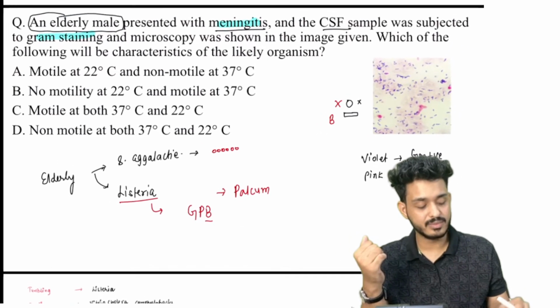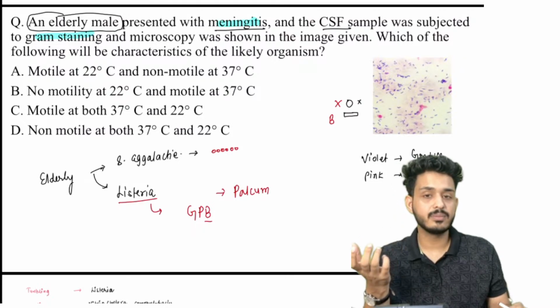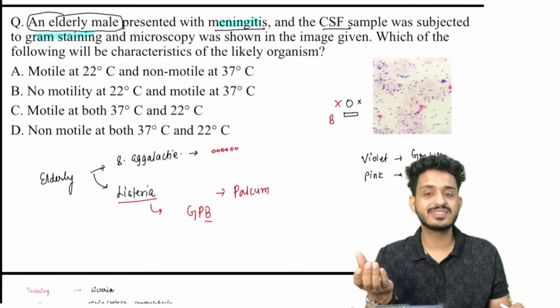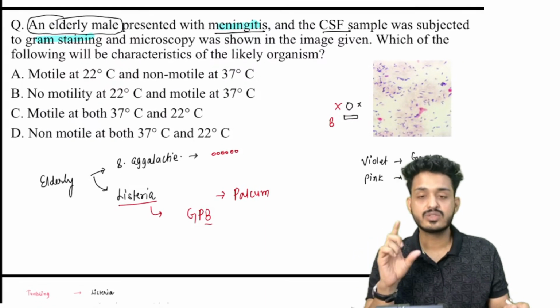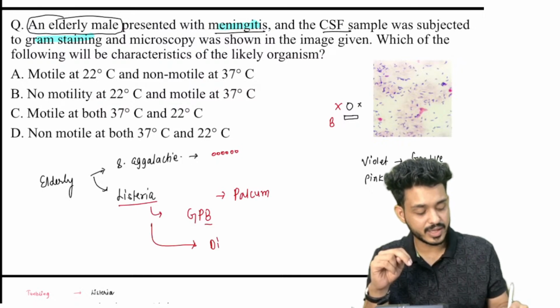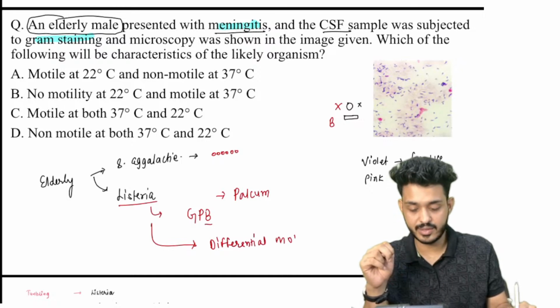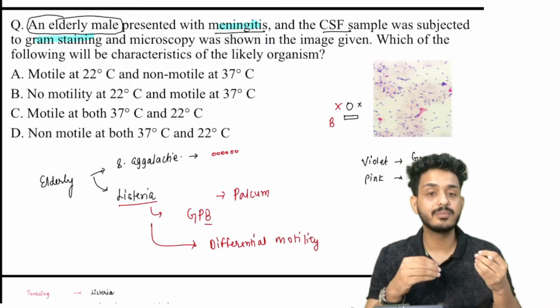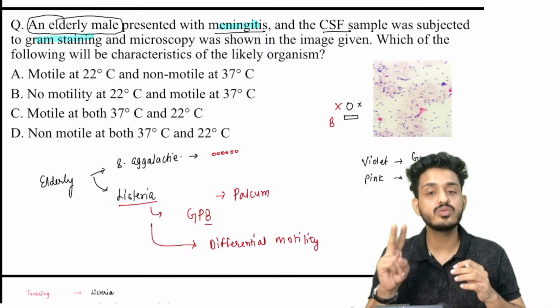Pregnant females eating from the fridge, that is the common history you will be getting. It will be having a motility, and this is the NEET PG question from last exam. It is known as differential motility. What is that? The meaning is there will be two types of motility.